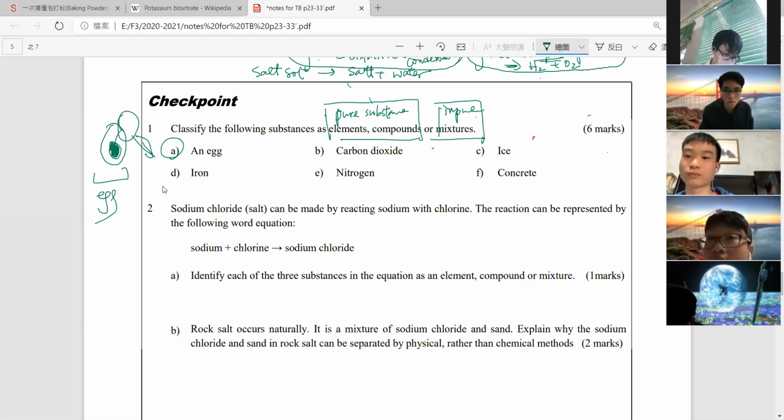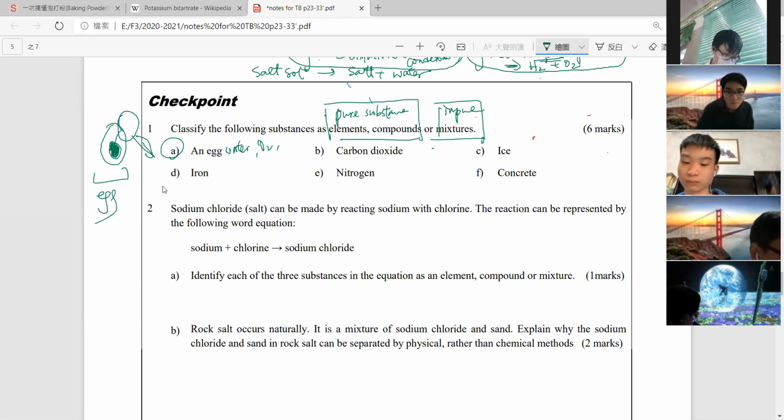So what is contained inside an egg? Water. What else? Oxygen. A little bit, not too much. What else? Carbon. In terms of what? Is it black? When you crack open the eggshell, is it black? No. Carbon is not present as an element.